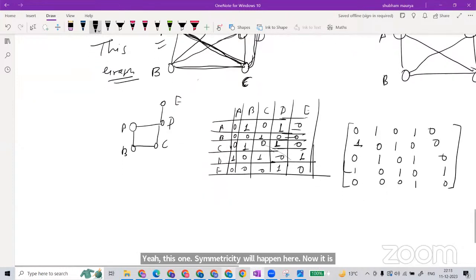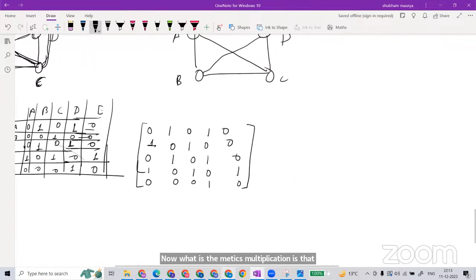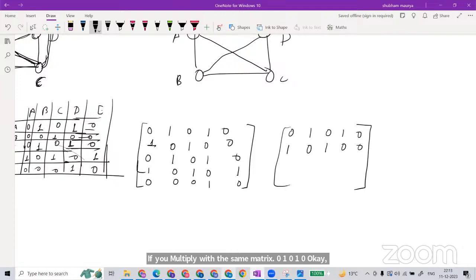Now, the matrix multiplication is that if you multiply with the same matrix: 0, 1, 0, 1, 0. Then 1, 0, 1, 0, 0. Then 0, 1, 0, 1, 0. Then 1, 0, 1, 0, 1.